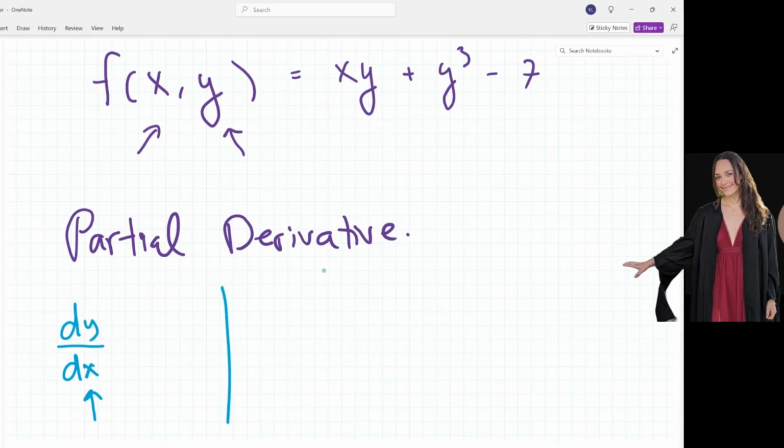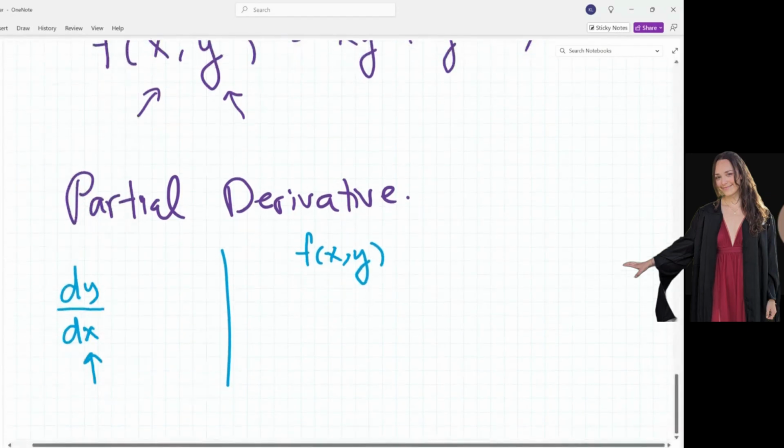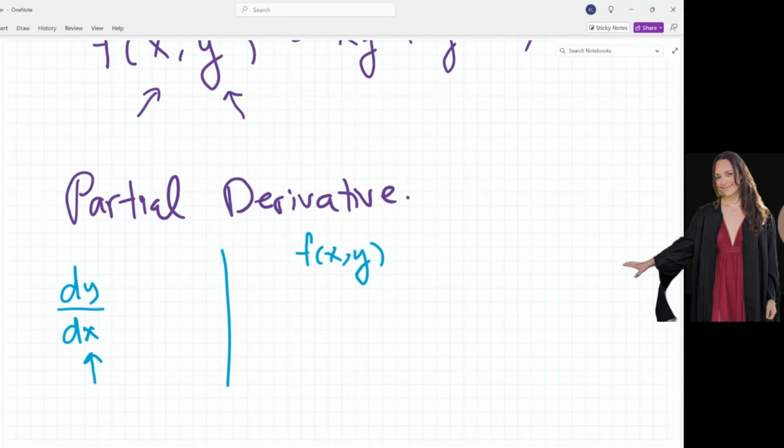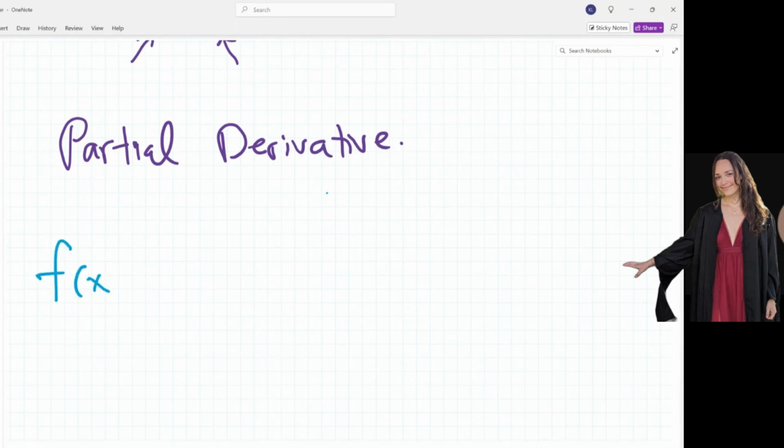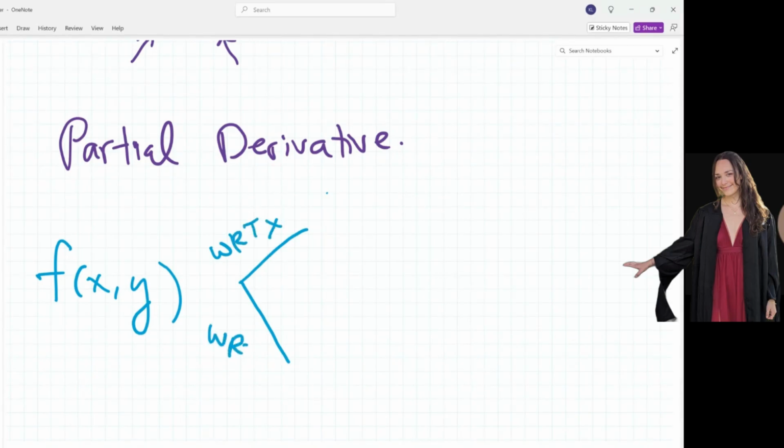However, now instead of f of x, we have f of xy. So how do we take the derivative? In partial derivatives, we can dictate which variable we want to differentiate with respect to. Considering our f of xy, let's say that we want to differentiate with respect to x, and we want to differentiate with respect to y.